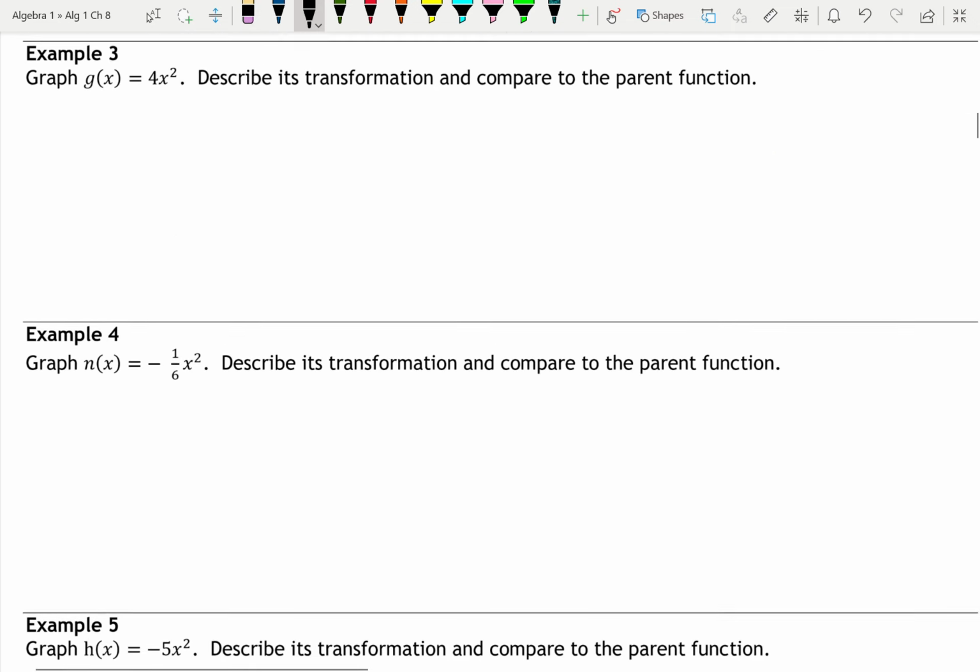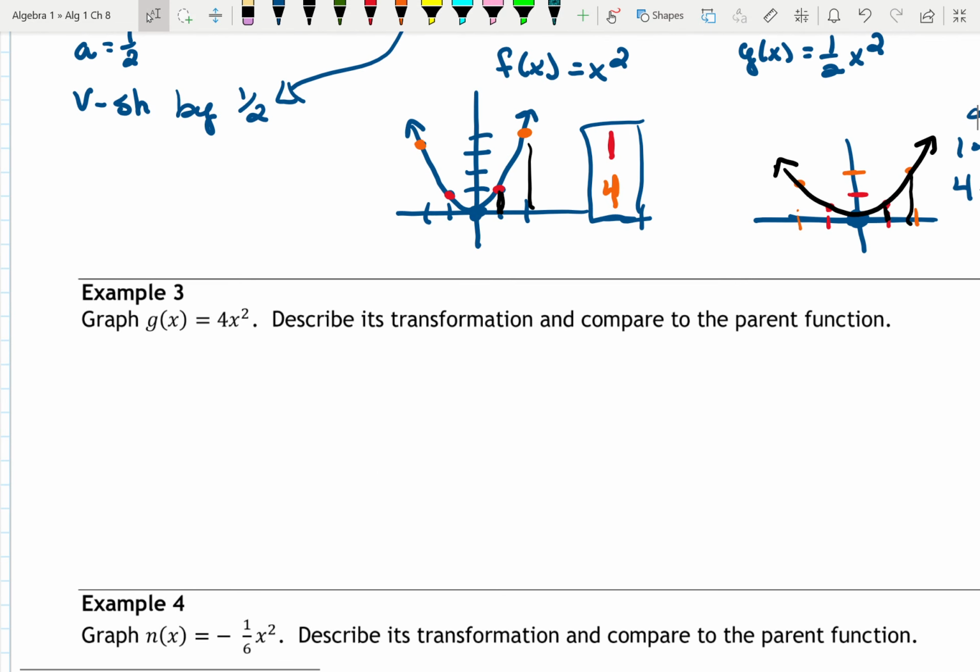All right, let's look at example 3. So this one has a 4 hanging out front, so that's going to be a vertical stretch by 4. I'm going to really quickly graph my parent.